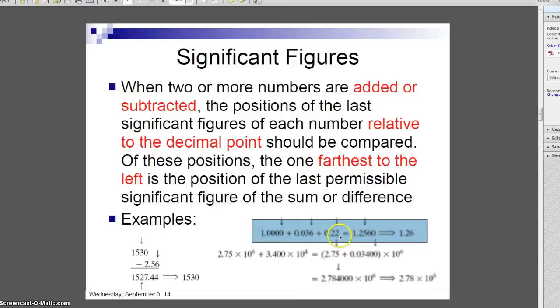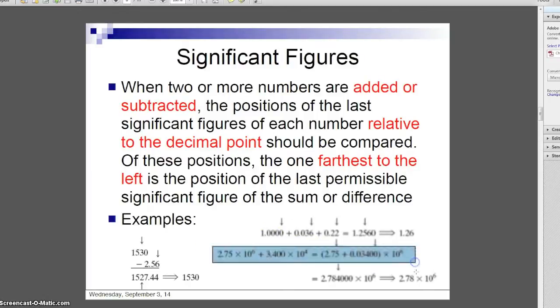So here we only use up to 2 decimal places. The original answer is up to 4 decimal places. So in the end we only use 2 decimal places. So 1.2560 becomes just 1.26. Just remember to round up 5 to 6, because here it is 6, which is more than 5, Swedish rounding. Let's look at the other example here.